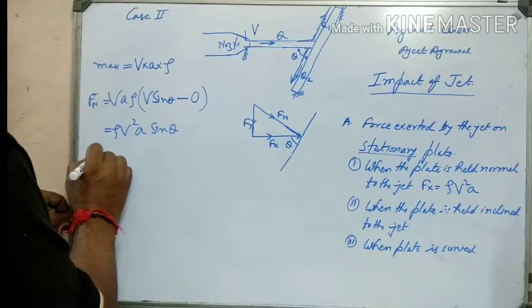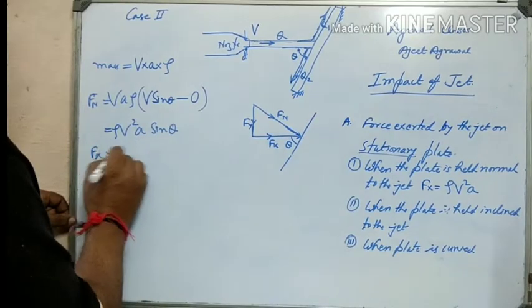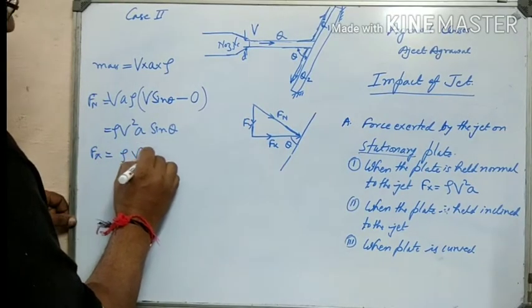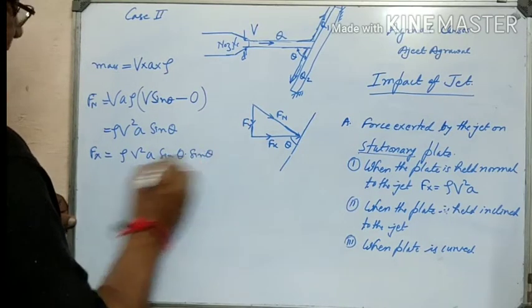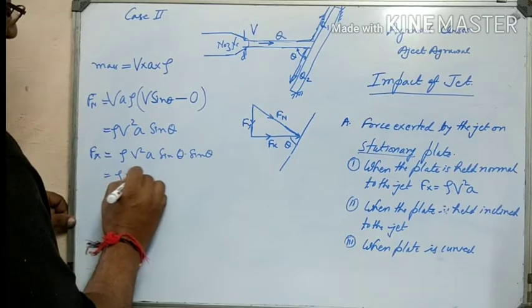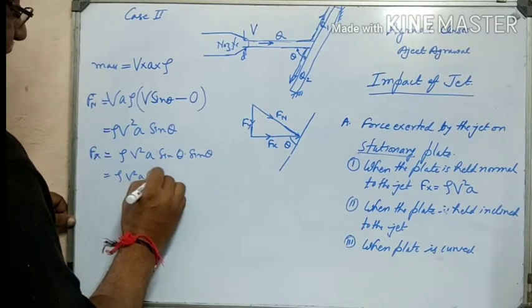So Fx in the x direction will be rho V square A sin theta into sin theta, that is rho V square A sin square theta.